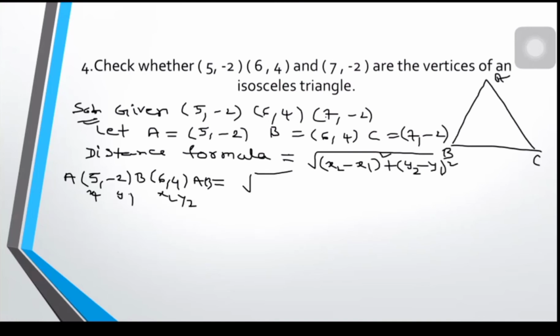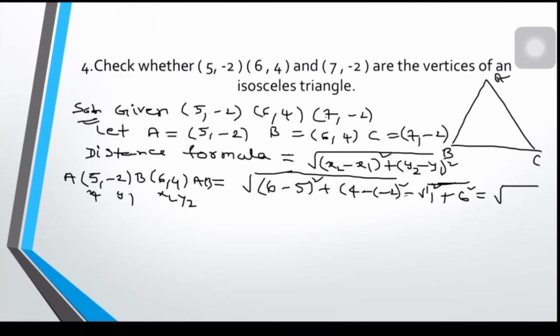So root of (6 minus 5) whole square plus (4 minus of minus 2) whole square. (6 minus 5) whole square is 1 square plus 4 plus 2, 6 square. Root of 1 square plus 6 square is 37.